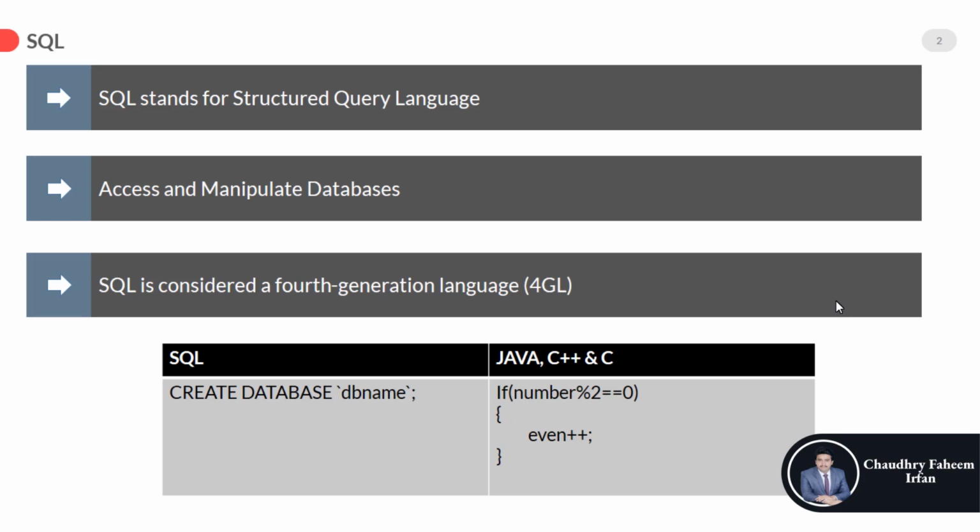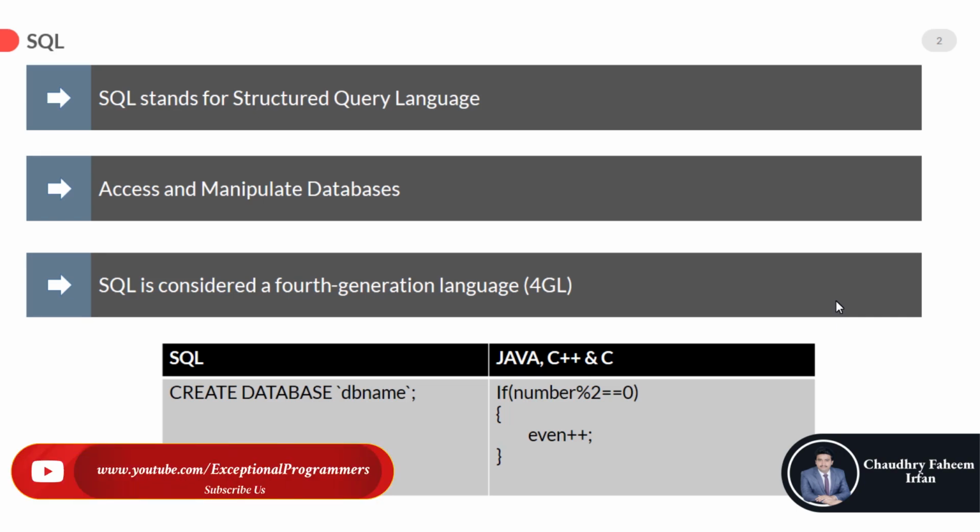SQL is considered a fourth generation language. Java and C++ are third generation languages. What is the difference between third generation languages and fourth generation languages? Fourth generation languages are closer to human language.